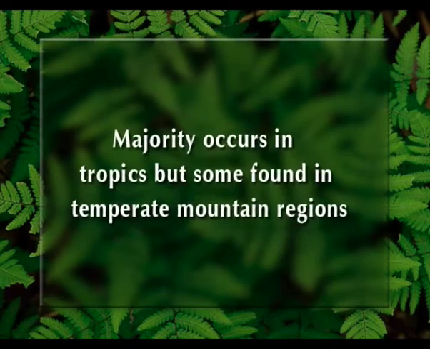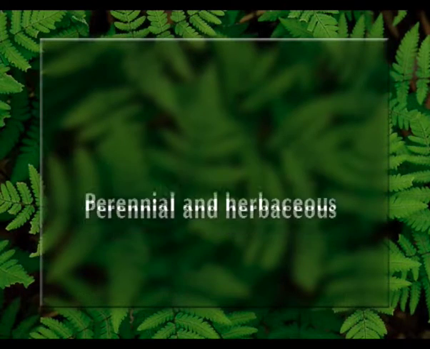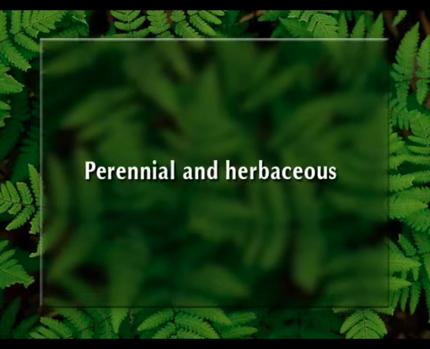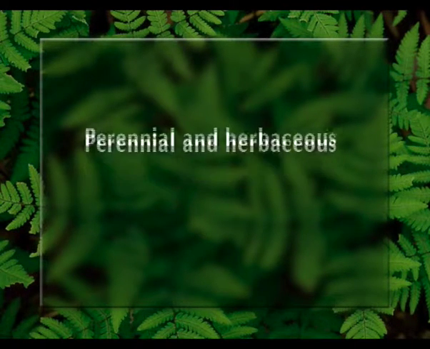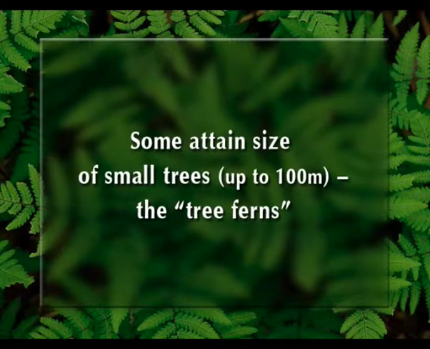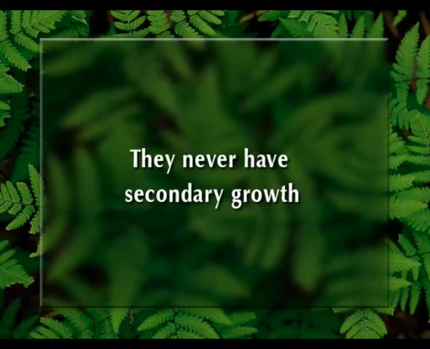The majority occur in the tropics, but some are found in temperate mountain regions. All of these pteridophytes are perennial and herbaceous. Some of them attain the size of small trees, what we commonly call tree ferns. However, they never have secondary growth.